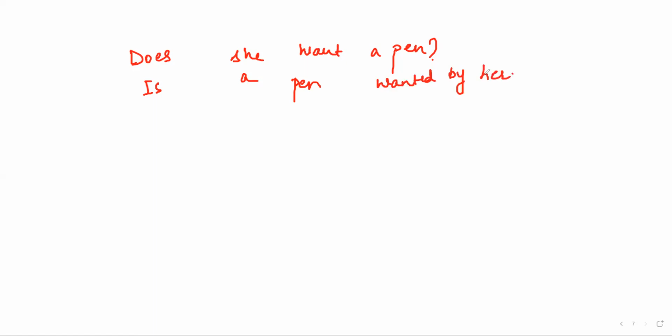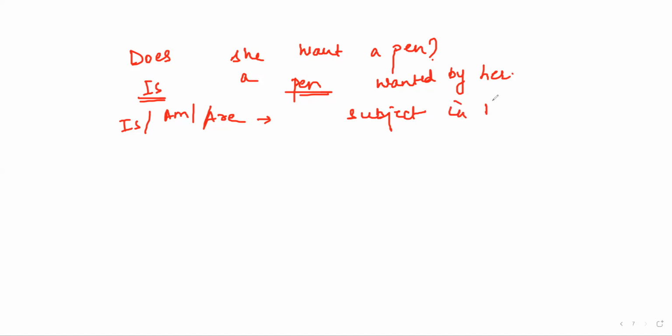Again, in this case, we are following the same rule. We are adding is, am, are before the subject of the passive sentence. You can see is, am, are I have placed before pen. So is is placed before the subject in the passive voice.